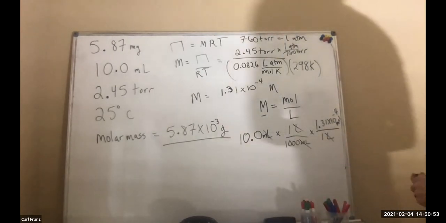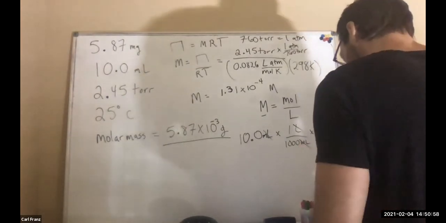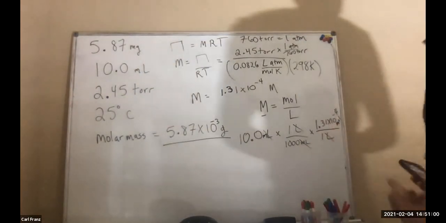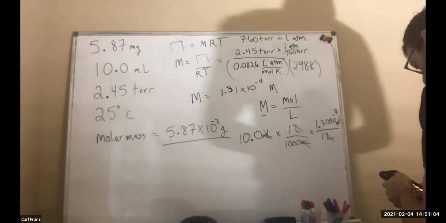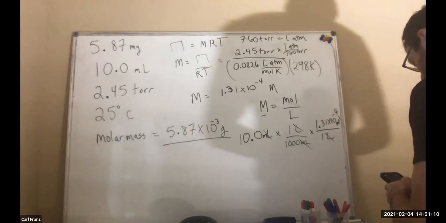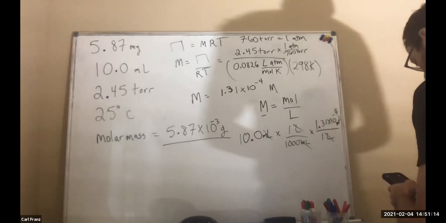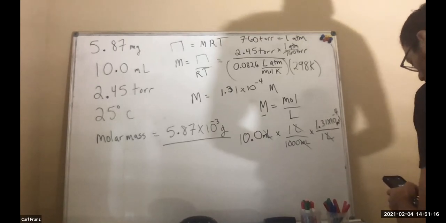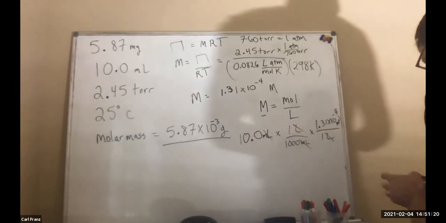So 10 divided by 1,000 times 1.31. You can probably do this in your head because it's nice, friendly numbers here.